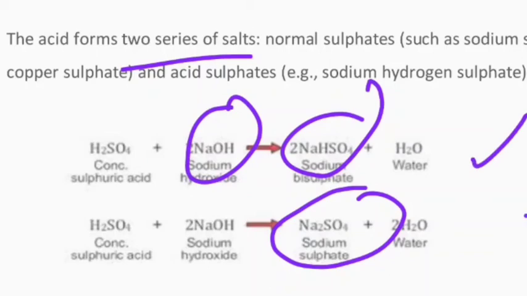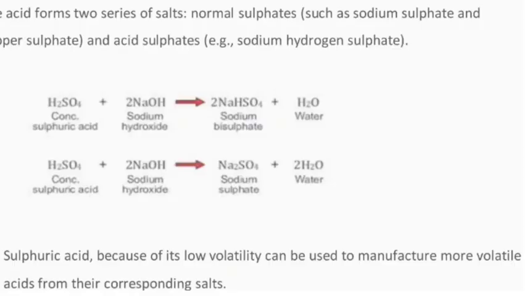Sulfuric acid, because of its low volatility, is used for the manufacturing of more volatile acids.